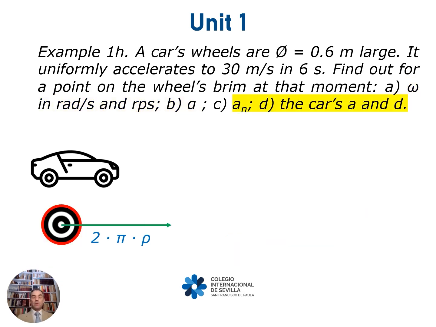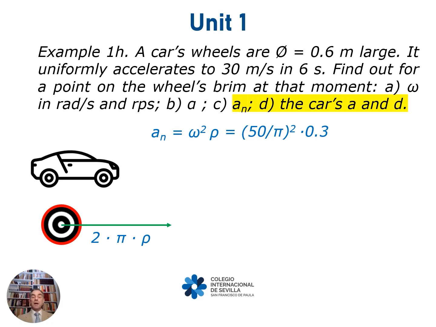Now we will consider the last two questions. The normal acceleration of a point on the brim of the car's wheel, plus the car's linear acceleration, and the distance it's covered since the start of the movement. As we know, the normal acceleration equals the angular speed squared times the radius. We have already calculated the angular speed at that moment, and it is 50 divided by pi.